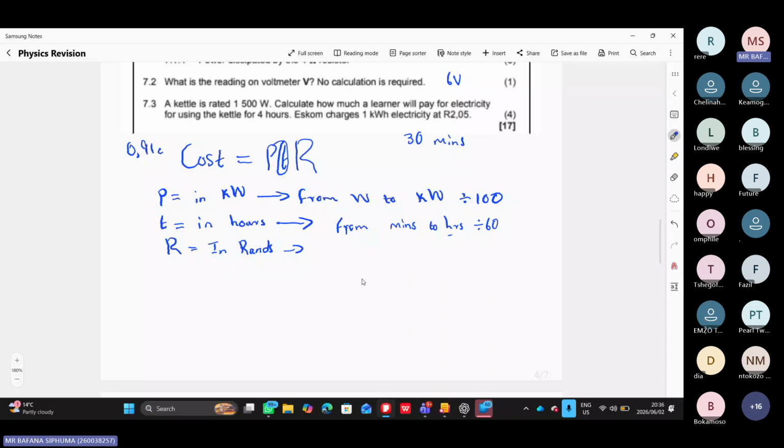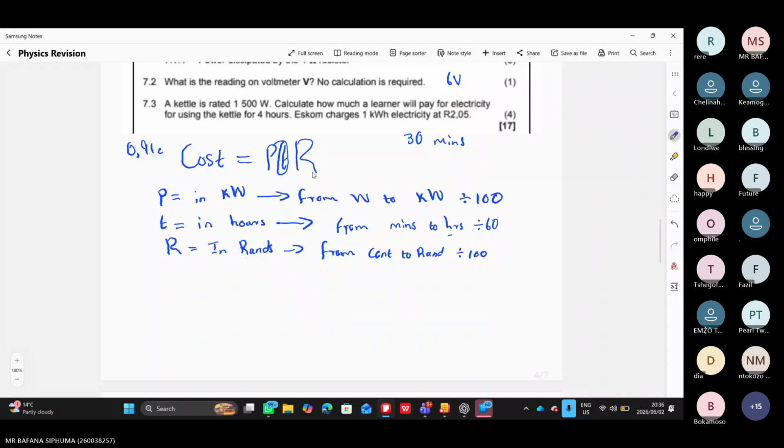To move from cent to rand, you divide by 100. Yes, you divide by 100. Those are the conversions that you need to know.